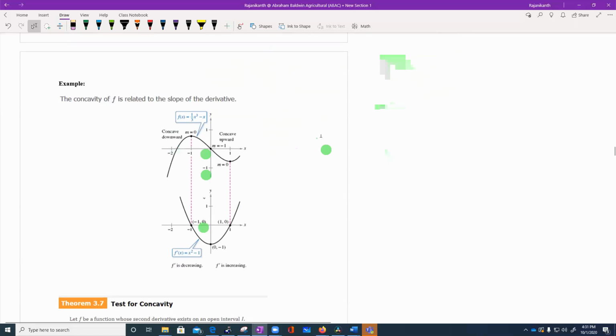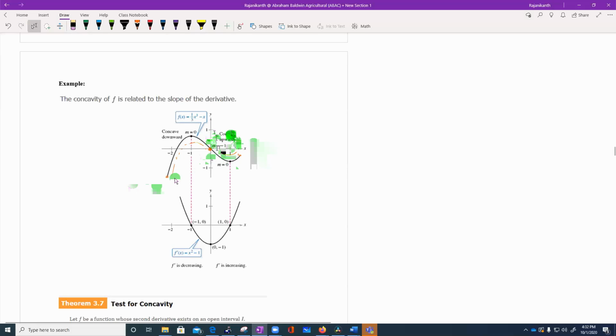Now if you look at these two pictures, the original picture is here, f(x). From this point to this point, the function is concave down, right? After this point, you see the concavity is turning the other way. From here all the way up to this point, the function is facing up, concave upwards, right? So what does that mean?